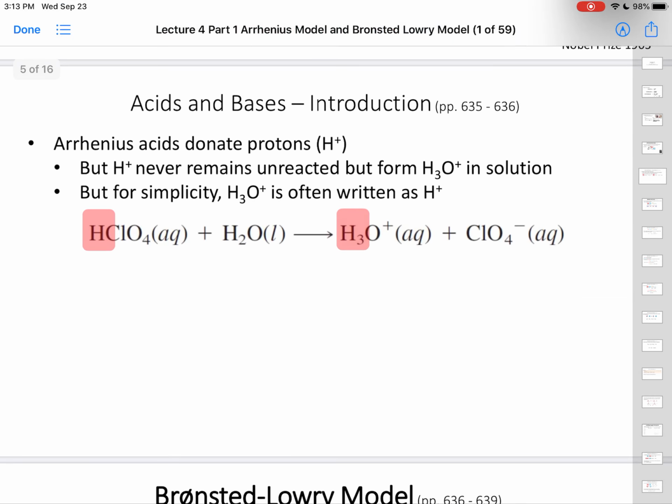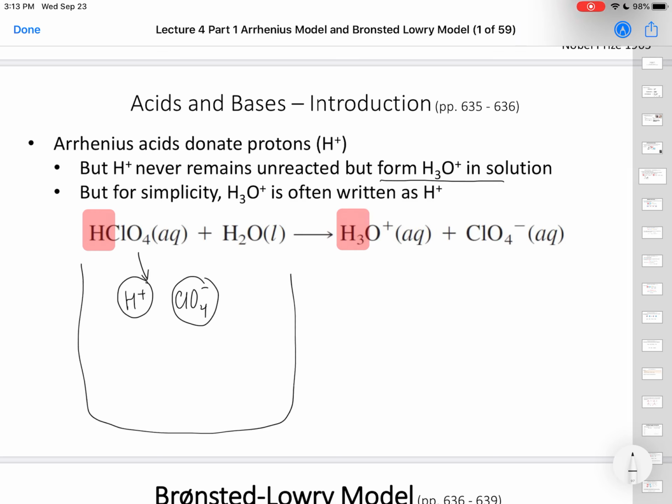Now, in terms of acids and bases, Arrhenius acids do donate H+, but it is important to remember that a free H+ never remains unreacted in water, but immediately forms H3O+ in solution. For example, if you put HClO4 in water, it immediately forms H+ and ClO4-. So these two ions are floating around in solution. But remember, this is in a beaker filled with millions upon millions of water molecules.